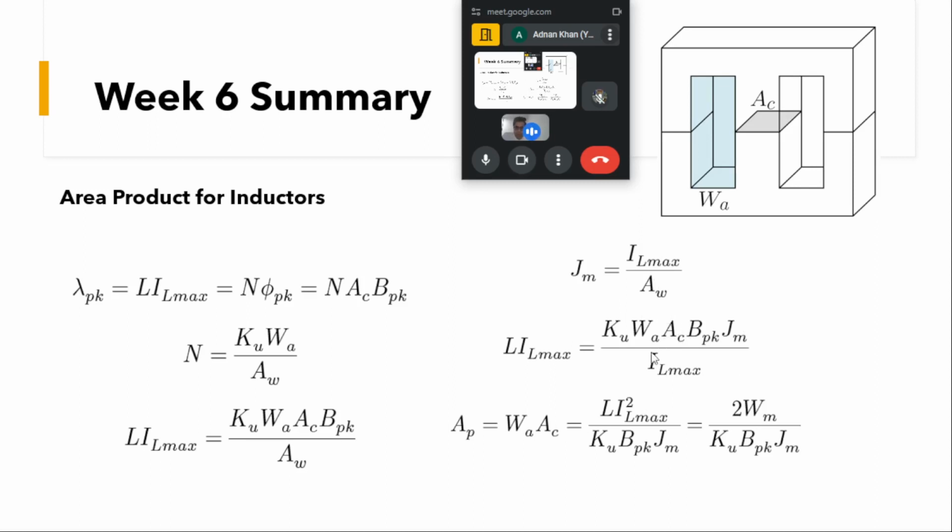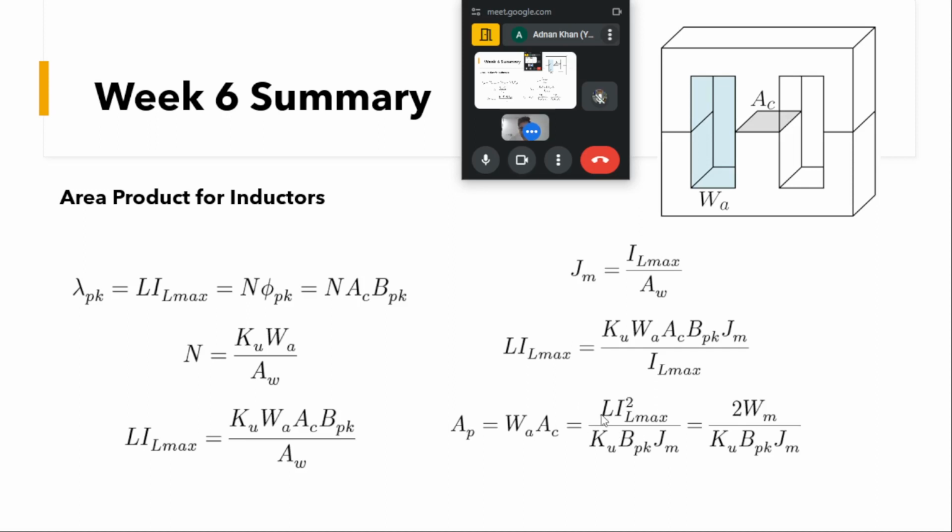As I earlier told, the area product is the product of the window area and the core area, given by Wa into Ac. It will be equal to L IL max square divided by Ku B peak J max. Here you can see L IL max square is twice the energy that can be stored, since we know the energy stored by an inductor is 1 by 2 L I square.